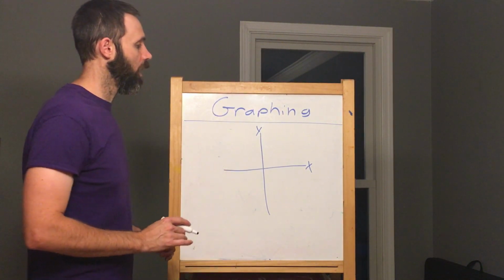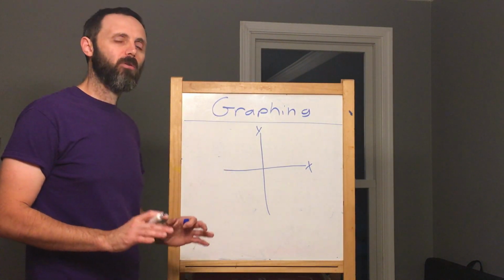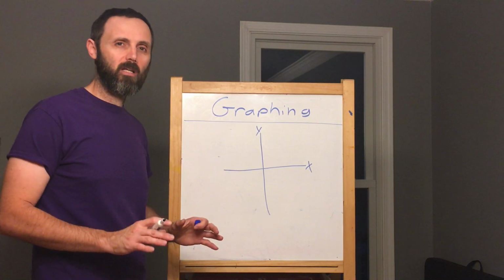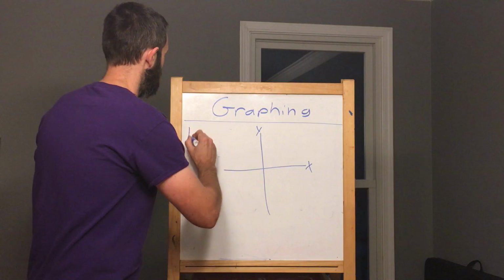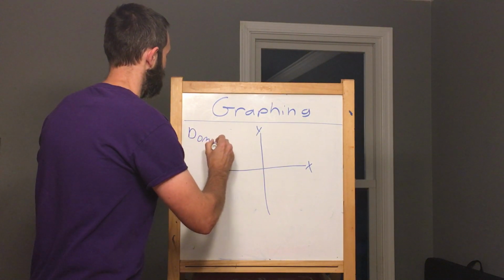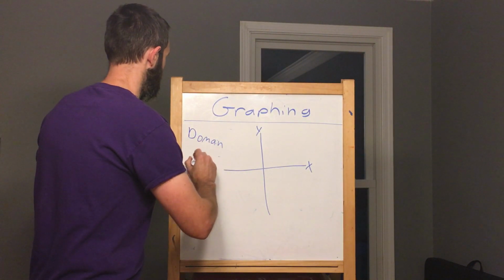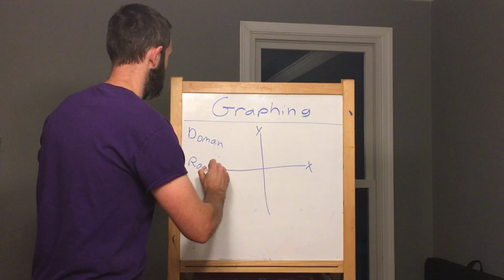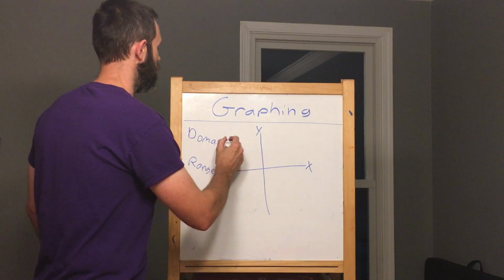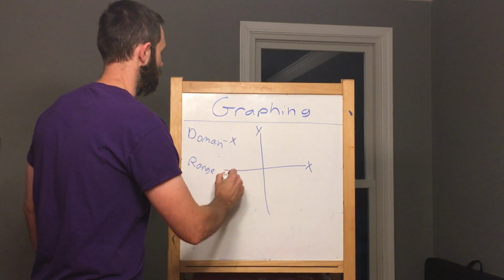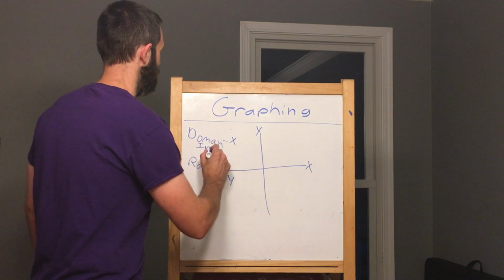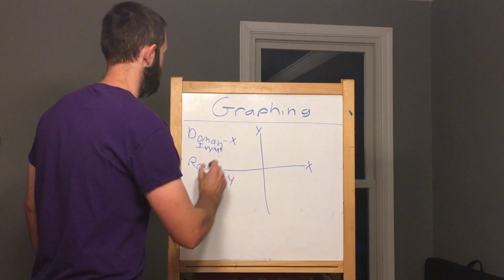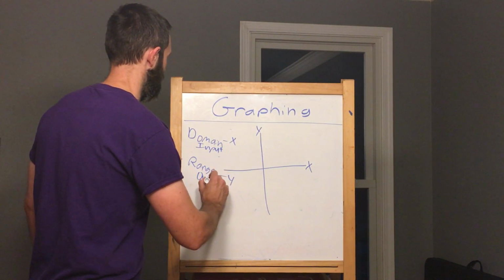So the X and Y. Now, some people have trouble trying to remember, especially when you start getting into algebra and they have names for this stuff. So you've got the domain and you've got the range, okay? And the domain refers to the X and the range to the Y, and we also refer to the input and the output.